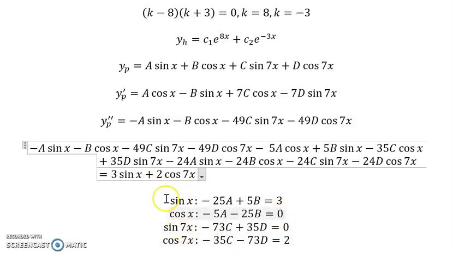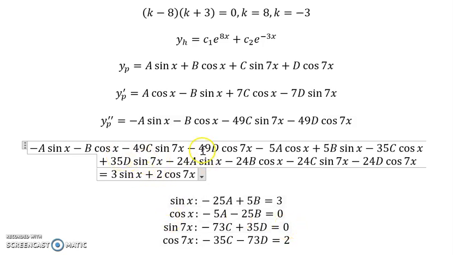For the sine 7x, we've got -49 and we've got -24, which gives us -73, and then we also have positive 35d. But there's no sine 7x on the right side of the equation, and so that becomes a 0.